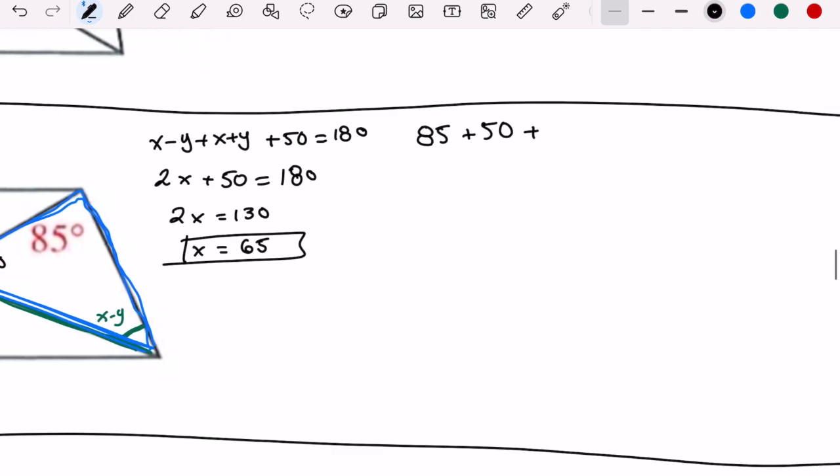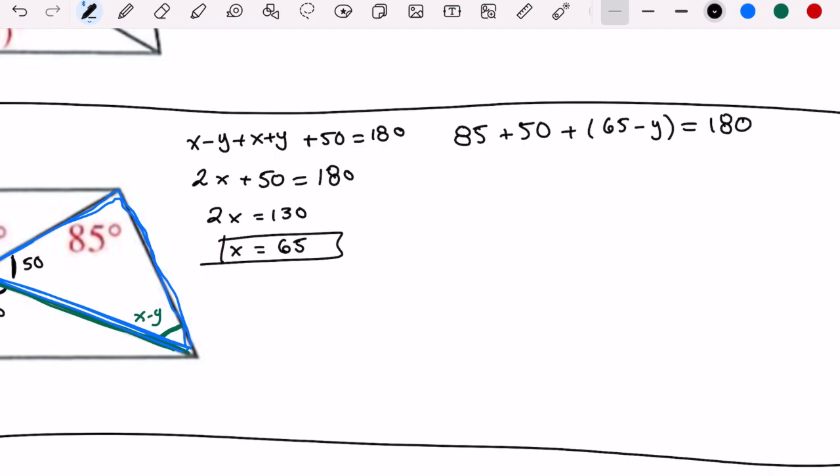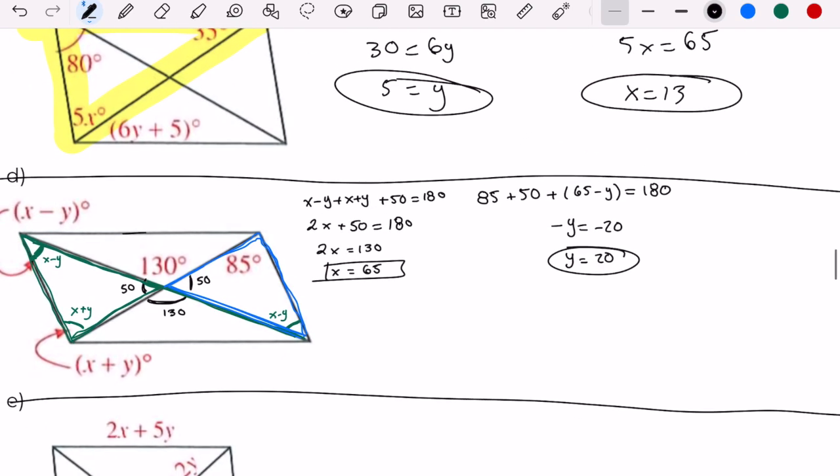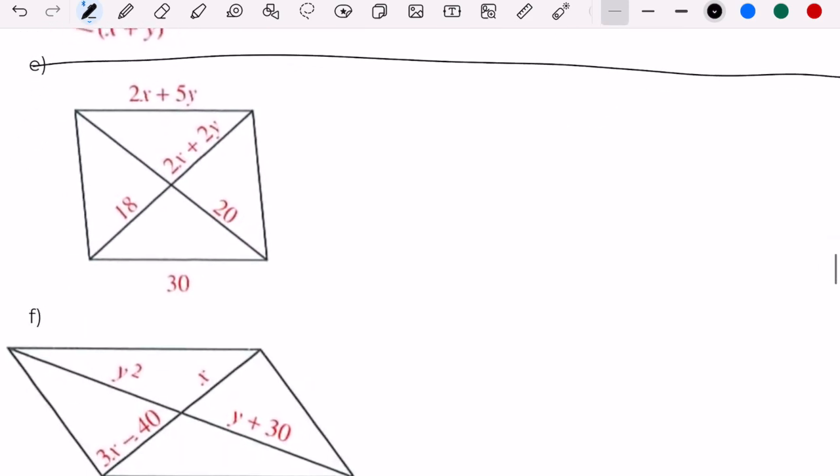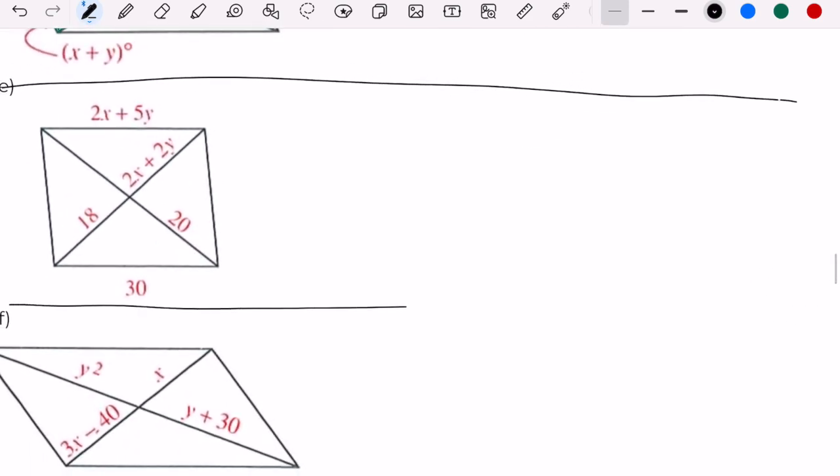In this triangle, we have 85 plus 50 plus x minus y, so plus 65 minus y equals 180. We can solve for y now. We just have to do 180 minus 85 minus 50 minus 65. So minus y equals minus 20, so y equals 20. Kids, this was a very hard problem, okay? Excellent.